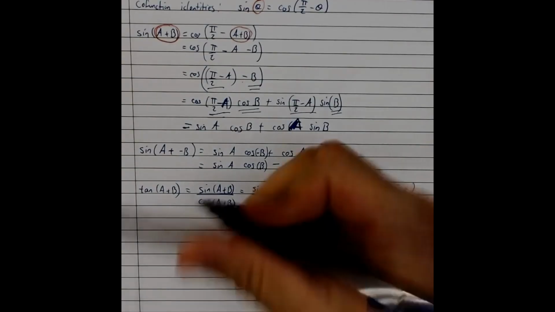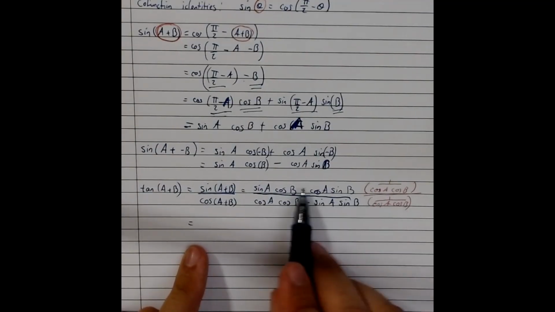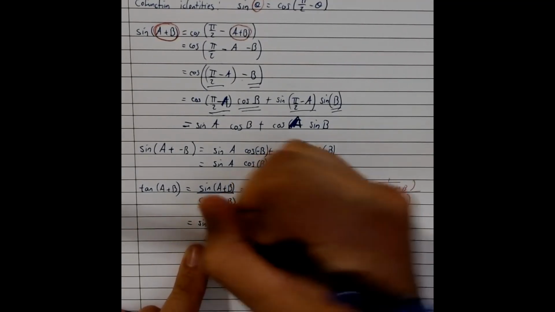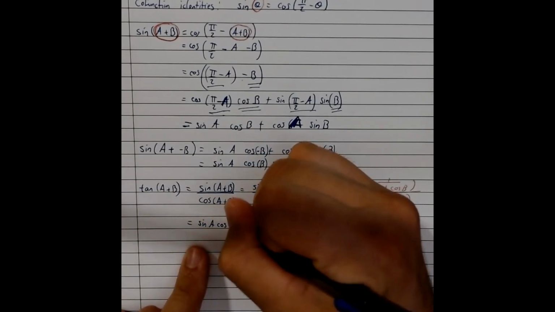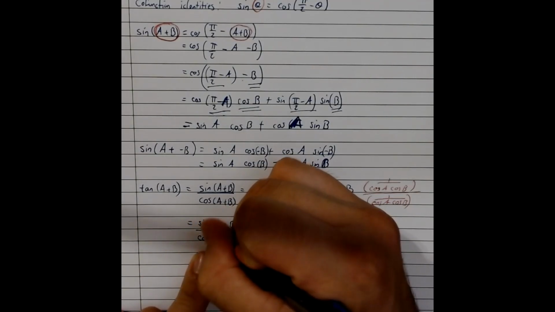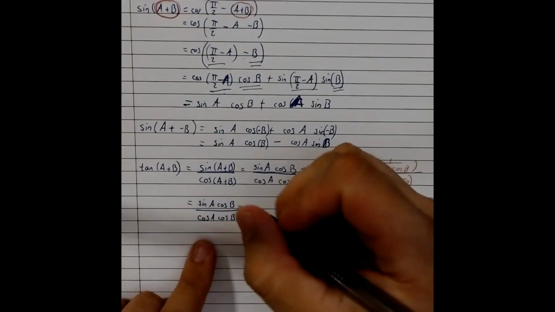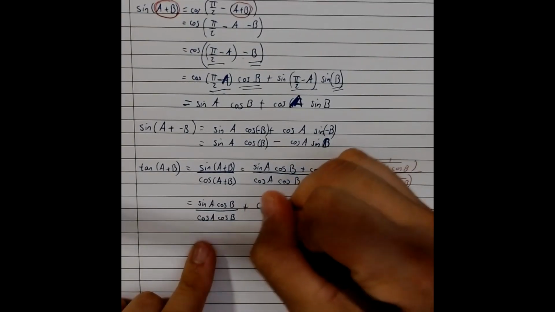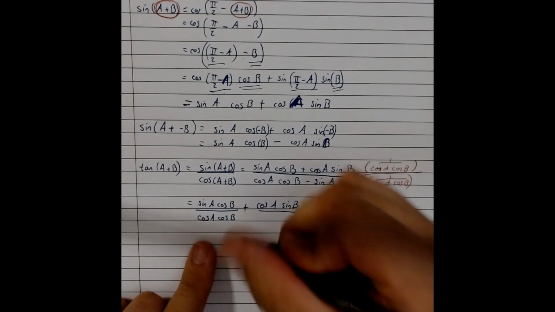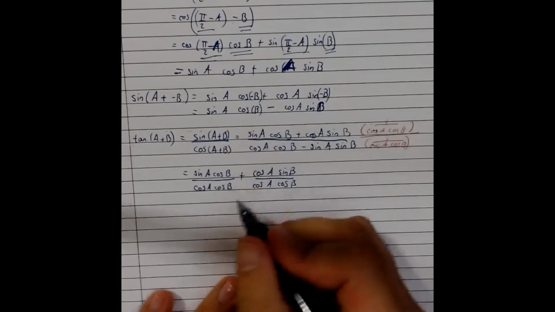All right, so let's go ahead and rewrite that. Here, I'm going to write this by dividing each of these by cosine A, cosine B. So that's going to be sine of A cosine of B over that denominator, cosine A cosine B. And you'll notice those divide, but we'll get to that in a moment, plus cosine A sine B divided by cosine A cosine B. And again, you notice some stuff's about to divide away.